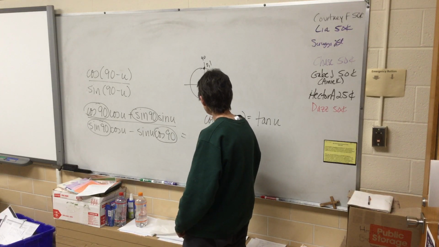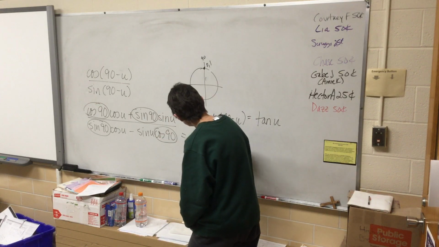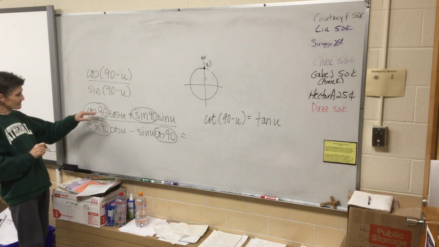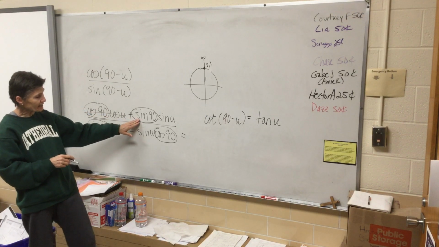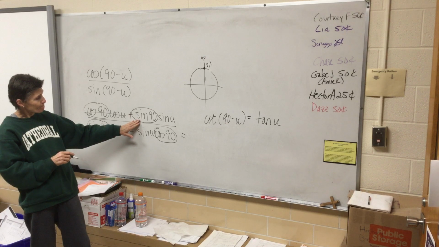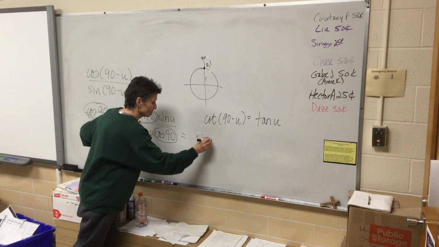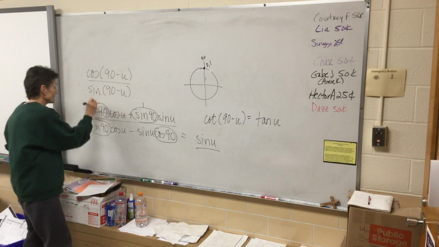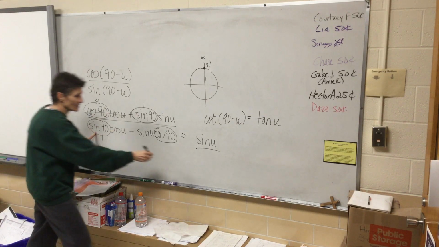So it's 0 times cosine u. Well, actually, I'm not even going to write that down, because if it's 0, that's just going to go away, because it's 0 times something, so it's 0. What's the sine of 90? 1. So that's going to be 1 times sine. The sine of 90 is still 1, so that's a sine.